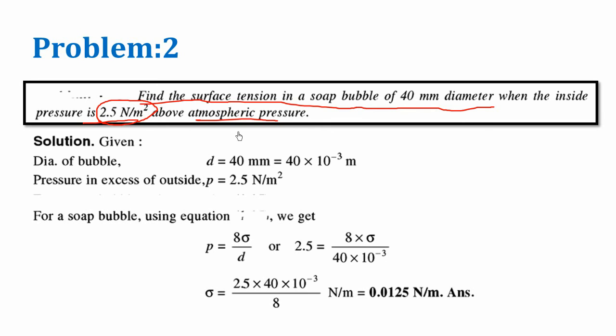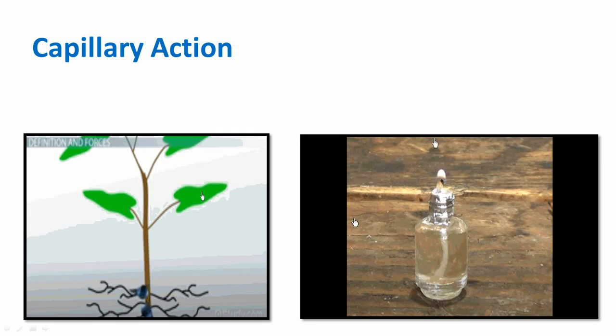We know the expression for a soap bubble, P equal to 8 sigma by D. So 2.5 equals 8 into sigma, which we need to calculate, by D, whose value is 40 into 10 power minus 3. From this we get sigma equal to 0.0125 Newton per meter. So this is how we calculate the sigma value for the soap.